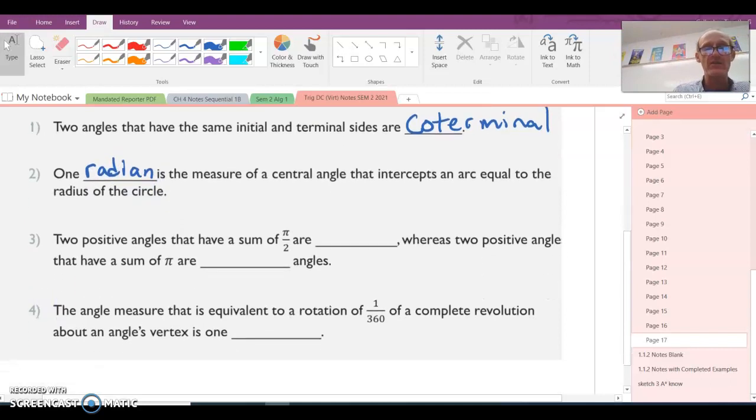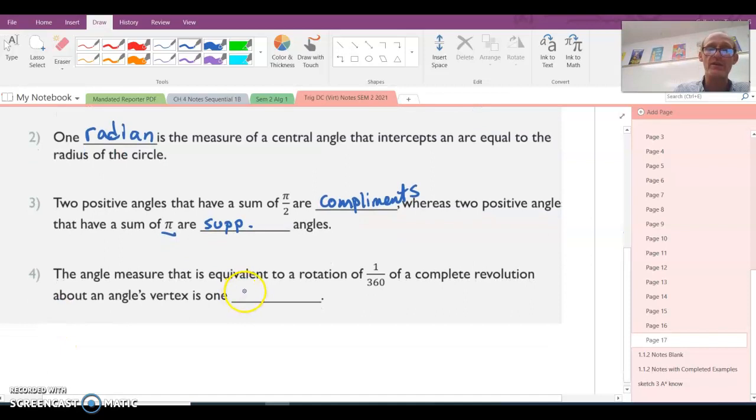And two positive angles that have a sum of pi over 2 are complementary. And two positive angles that have a sum of pi are supplementary. And this is 1 degree. We talked about that a little bit. Okay, so this wraps up that video. We've got one more video to go for this part.